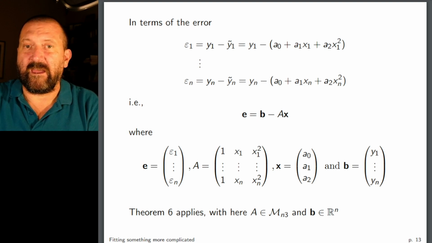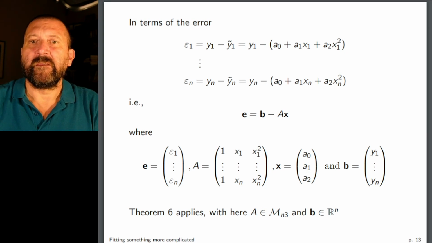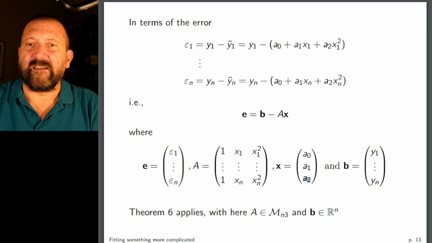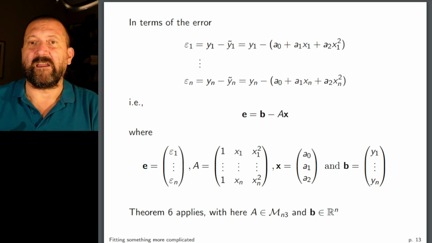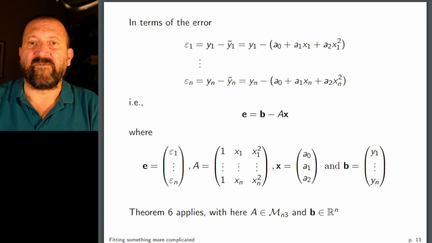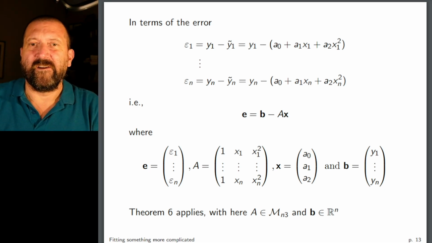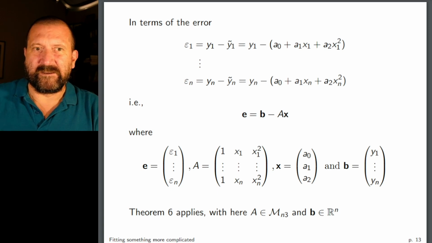Where E is the error vector epsilon 1 to epsilon n. X is the unknown, so the values of A0, A1, and A2 that are giving us the best fit. B is the right-hand side, so the known ordinates of the data points.